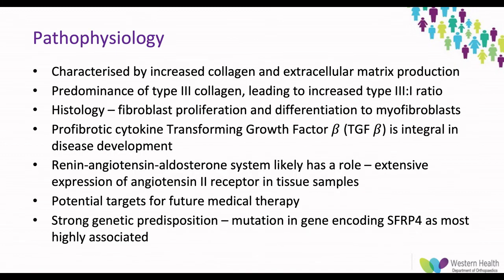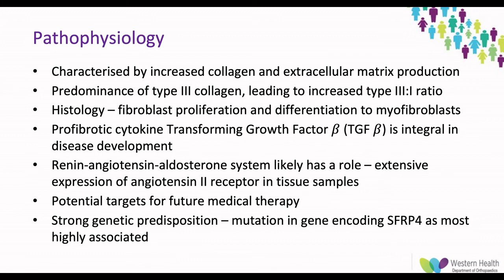The pathophysiology is characterized by increased collagen and extracellular matrix production. Predominance of type 3 collagen leads to an increased type 3 to type 1 ratio. In terms of the histology, fibroblast proliferation and differentiation to myofibroblasts is seen. The differentiated myofibroblast is considered the primary pathologic cell of Dupuytren's disease.